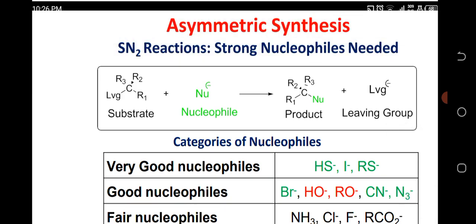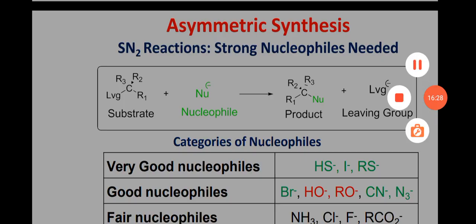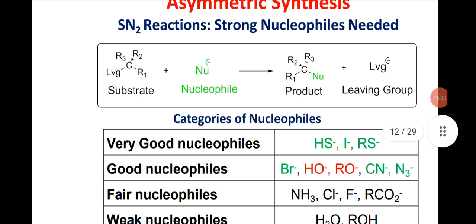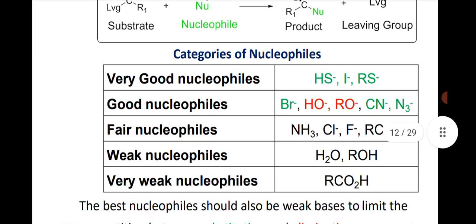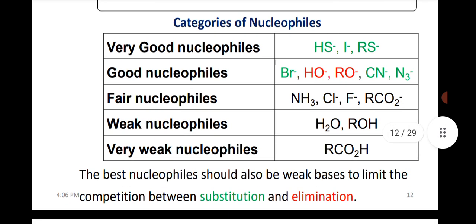so here we have characterized some nucleophiles as strong, weak, and moderate. Starting from the bottom, the very weak nucleophile is CO2H, meaning carboxylic acid. The weak nucleophiles are water and alcohol, and the fair ones are ammonia, chloride, fluoride, and carboxylate. The good nucleophiles are bromide, hydroxide, ethoxide, cyanide, and N3 negative, which is azide.